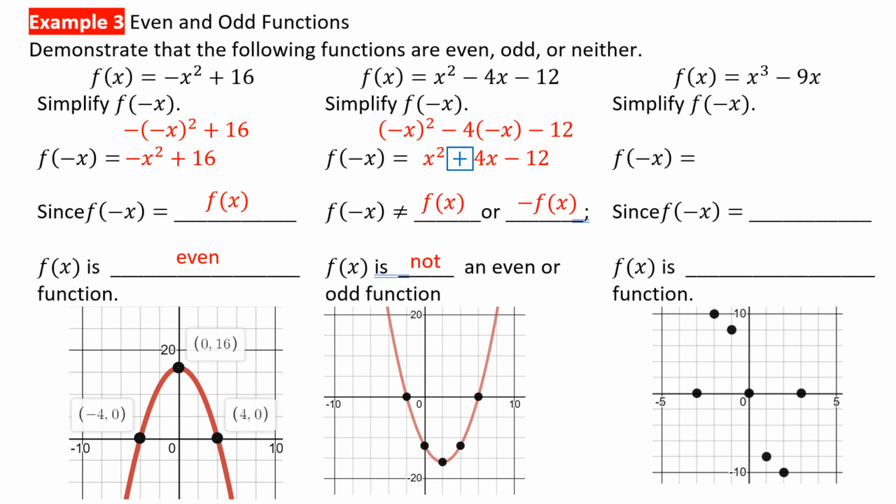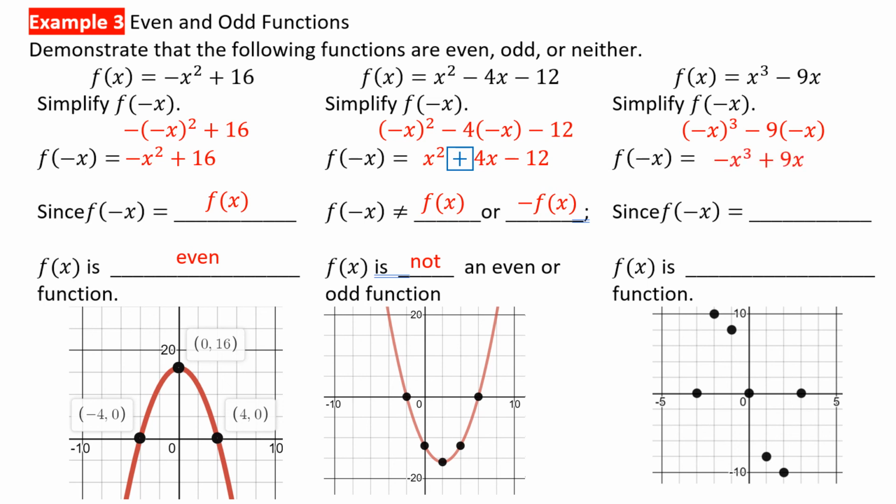In our last example on the right, we have f of x equals x cubed minus 9x. Once again, wherever we see an x, we're going to plug in a negative x, and we are going to perform the order of operations. So we're going to take negative x and cube it. That will still become a negative, and a negative 9 times a negative x will become positive.